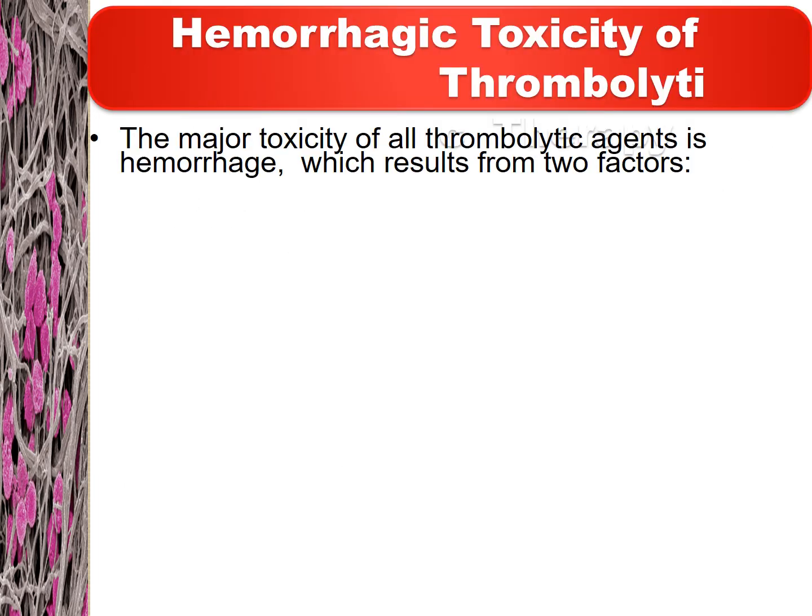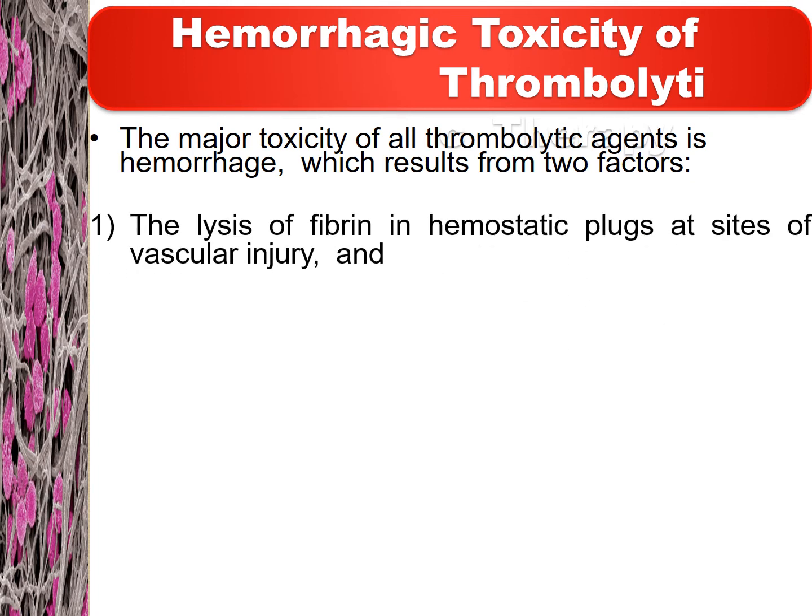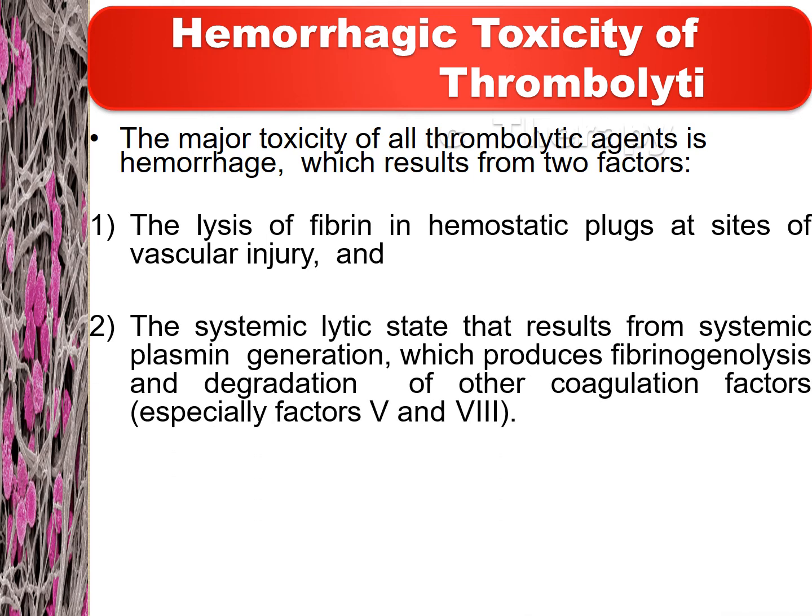Then let us discuss the hemorrhagic toxicity of thrombolytic therapy. The major toxicity of all thrombolytic agents is hemorrhage, which results from two factors. The first is the lysis of fibrin in hemostatic blood clots at sites of vascular injury, and the other is the systemic lytic state that results from systemic plasmin generation, which produces fibrinolysis and degradation of other coagulation factors, especially factor 5 and factor 8.